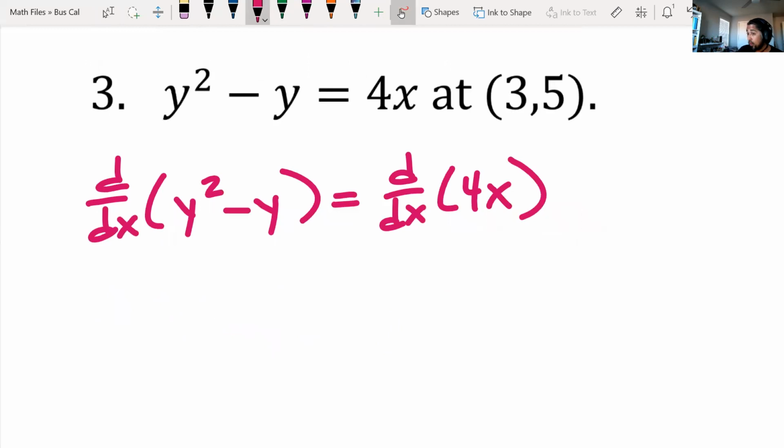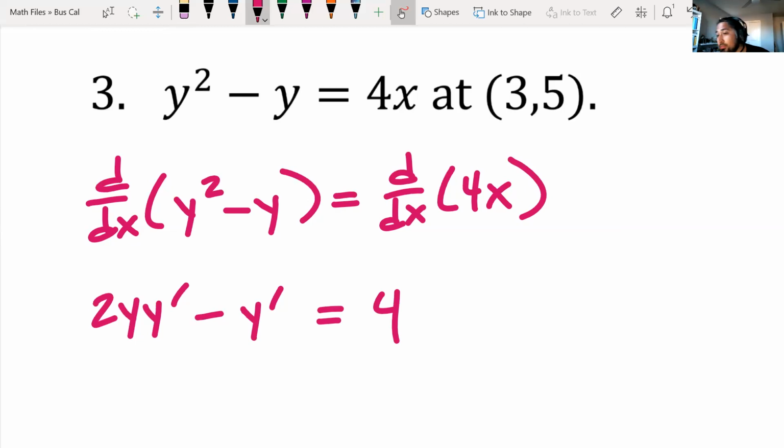The implicit derivative of y squared is going to be 2y y prime, minus the implicit derivative of y, which is just y prime, equal to 4. Okay, there it is. Implicit derivative is done. And now our job is to solve for y prime.